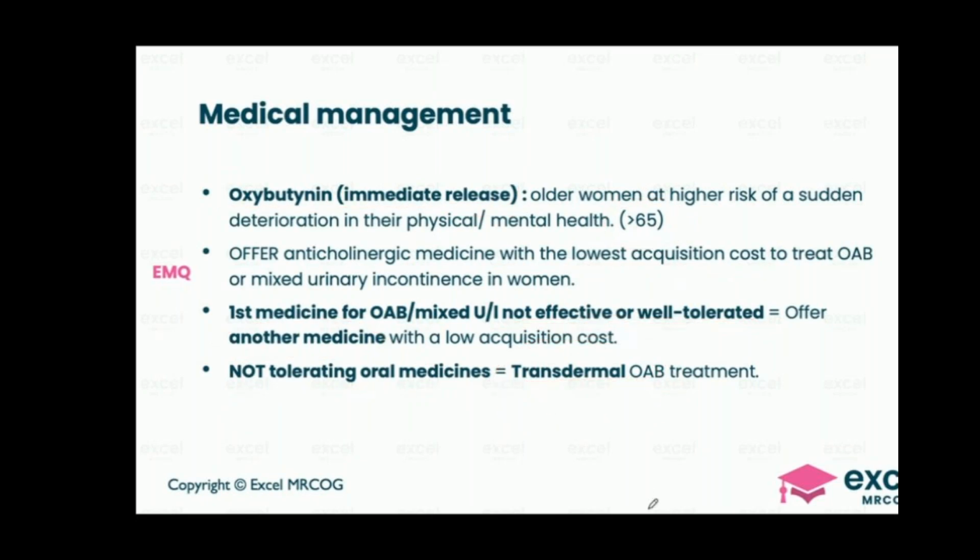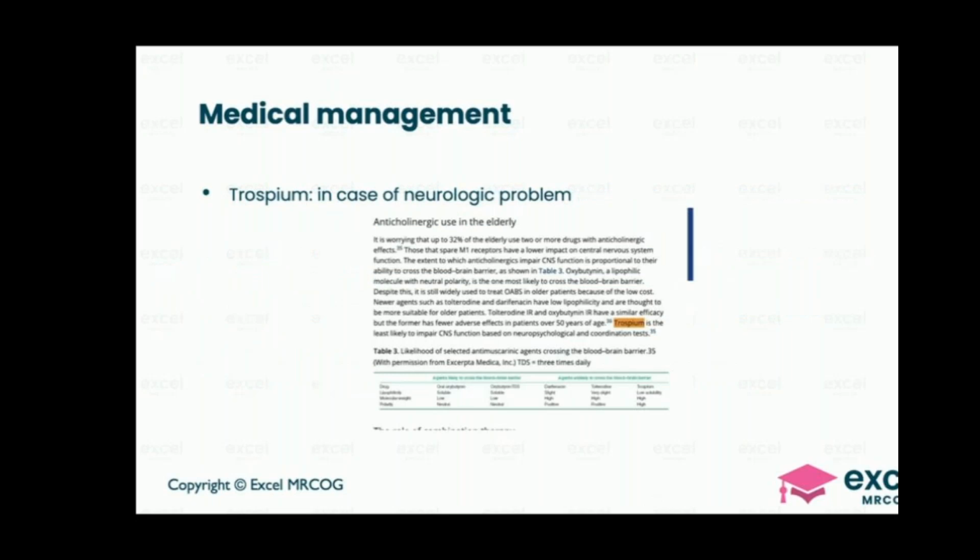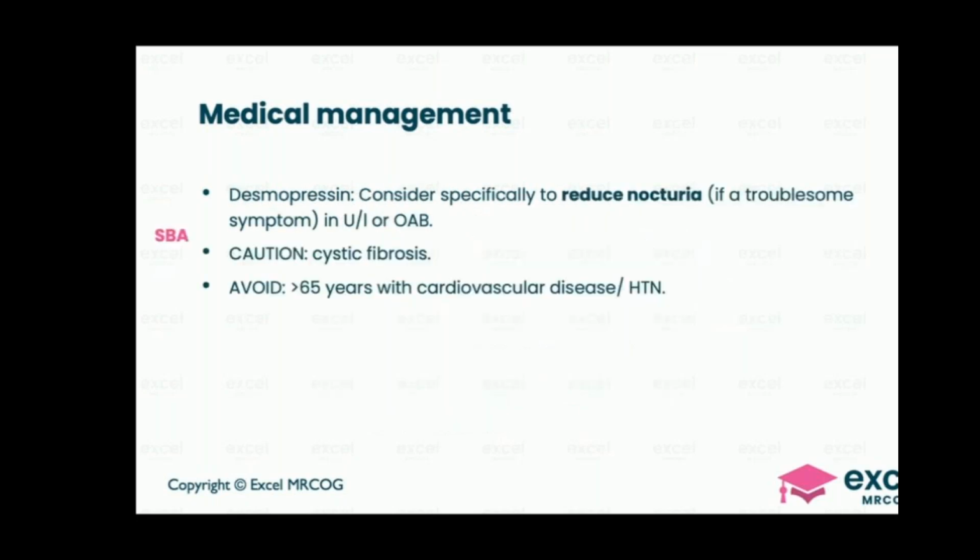Okay, so let's go to the next one. This is about trospium, which I was telling you is least likely to impair the CNS function based on neuropsychological and coordination tests. So whenever there is a neurological problem like dementia, you can consider trospium.